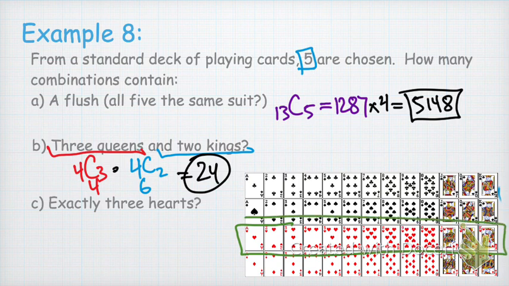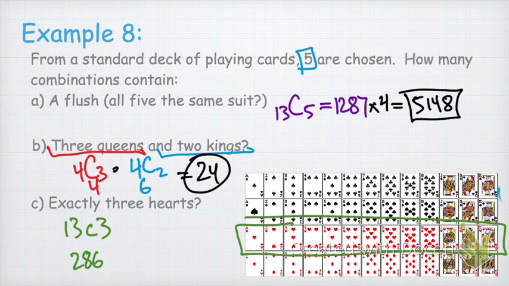There are 13 hearts available, and I need to choose 3 of them. So 13, math, going over to choose, and 3. There are 286 different ways for me to have 3 hearts.